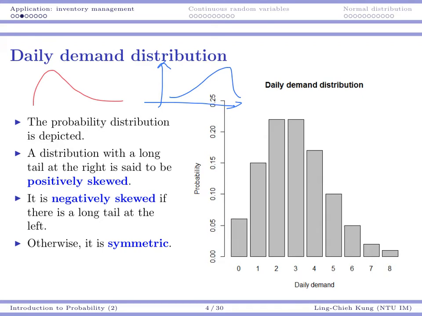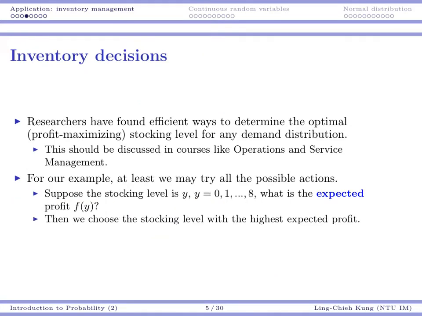And then, given this distribution, we want to make the best inventory decision. What is the best? It is to maximize your expected profit. So let's see how to do this. If we are researchers, or very experienced inventory managers, we know that there are some efficient ways to determine the optimal stocking level given any demand distribution.